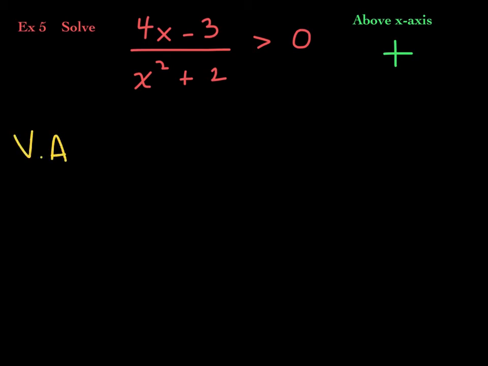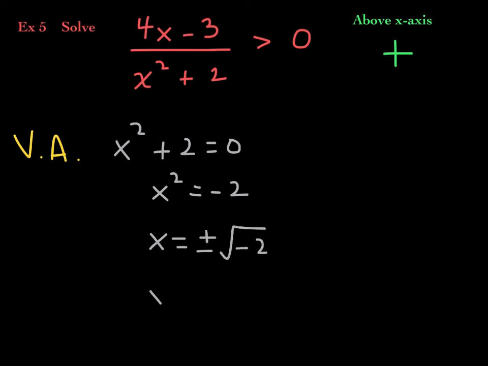All right. The vertical asymptotes are found by taking your denominator, setting it equal to 0, and solving. However, when you solve by subtracting 2 and then taking the square root of both sides, you get plus or minus i root 2. Because these are non-real solutions, these are imaginary solutions, you do not have any vertical asymptotes.